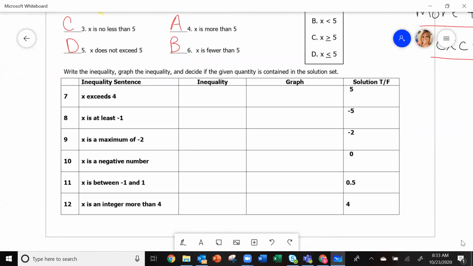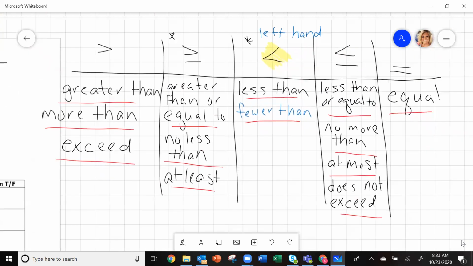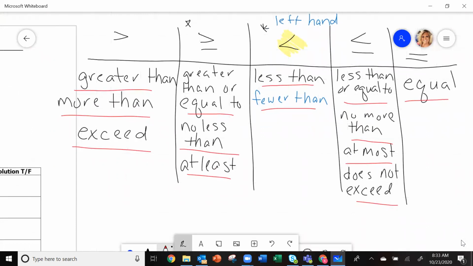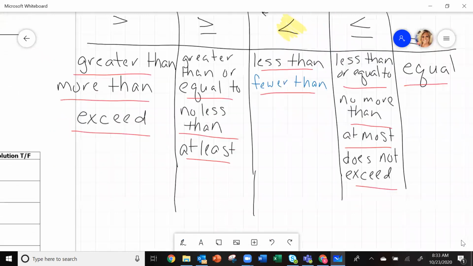We're going to talk about how to write an inequality and how to graph it. Another part that we need to talk about in our notes is this. When we are going to be graphing on a number line, let me make these lines. Actually, let me move this up and then you guys can still use the same ones.